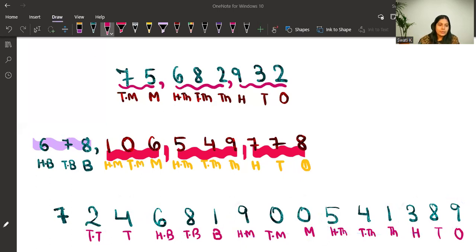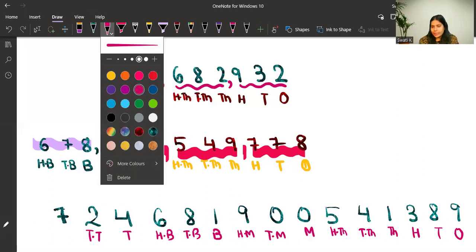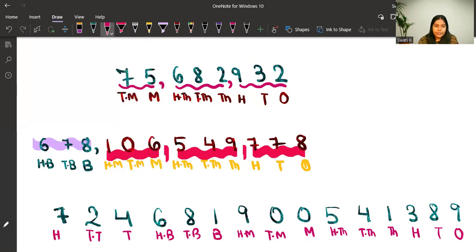And now, last but not the least, I'll not go beyond this. After that, you can guess, it will be 100 trillion, right? And that is why we can read this as 724 trillion, 681 billion, 900 million, 541,389. That's how we can read it.